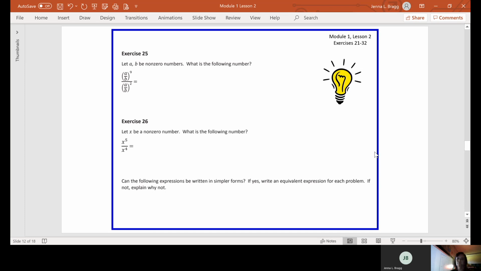25. Just because there's a fraction in both the numerator and the denominator does not mean that anything is different. It's still the same thing. It's still the same base. So A over B, subtract 9 minus 2, and you would end up with A over B to the 7th power.